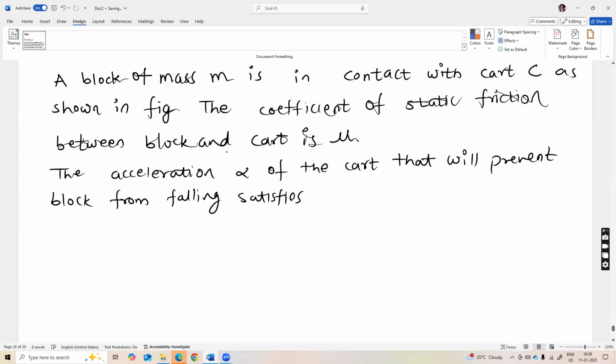So first of all, they have given one diagram. One minute, some error is happening in my device. I'll just rejoin. Okay, fine.